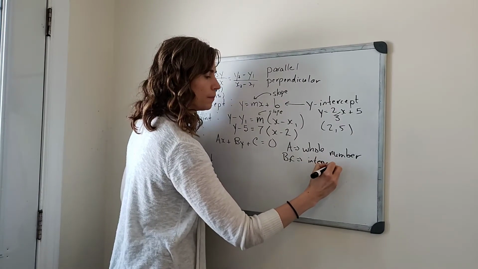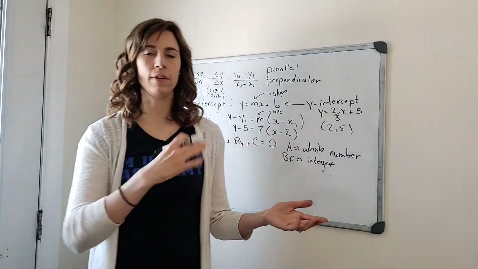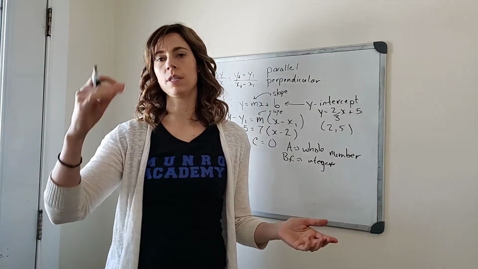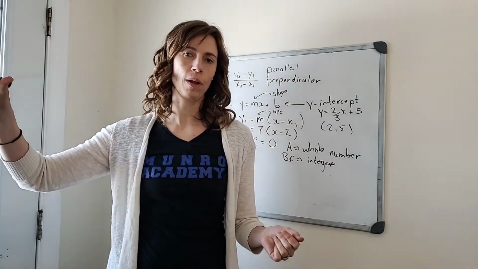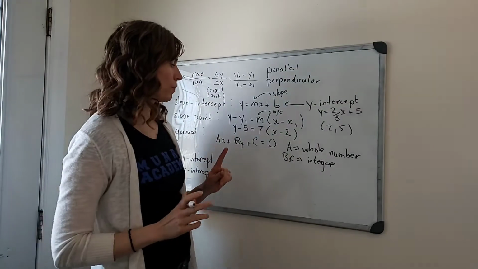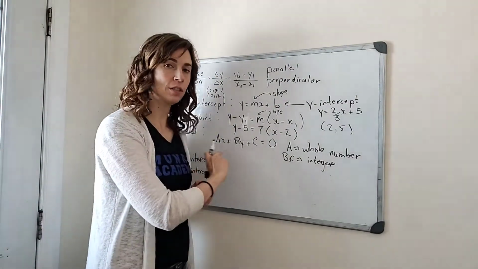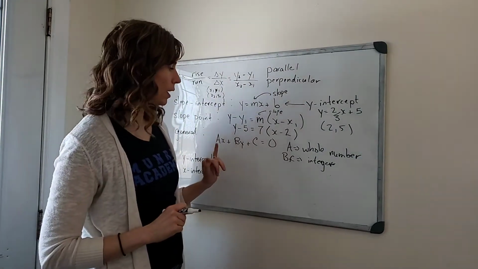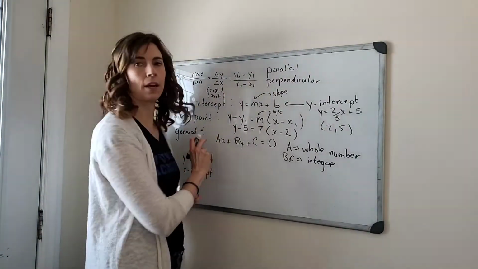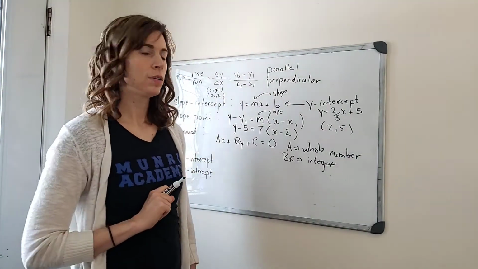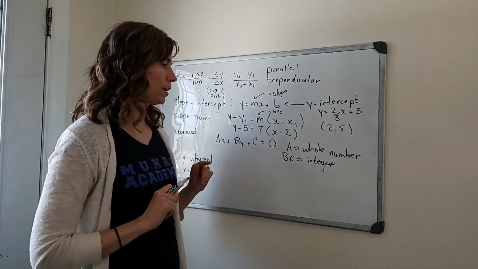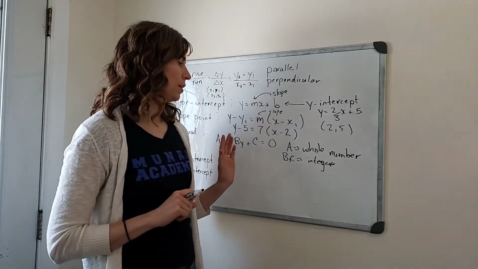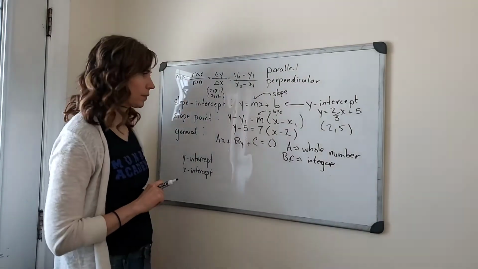So that could be -5, -4, -3, -1, 0, 1, 2, 3, 4, 5, and all the way up. The big things to remember is you're not going to have any fractions anywhere, so you need to get rid of fractions, and we learned how to do that. And your first number cannot be negative. If there's a negative, you need to get rid of that as well. So that's a little review on that.